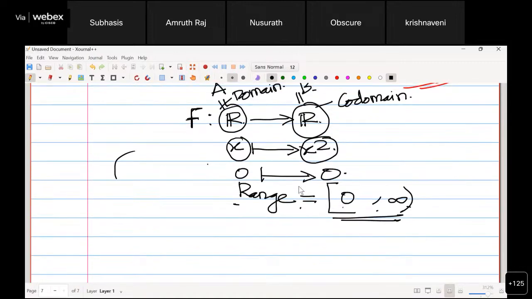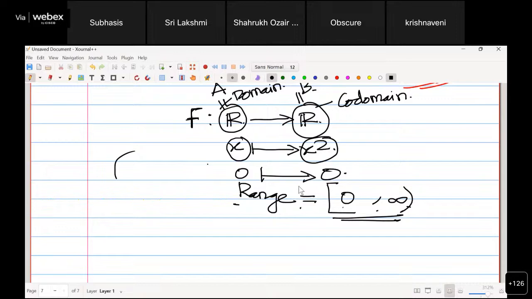Sir, why not an open interval? Just now you took the example of 1 by 2, which when squared becomes 1 by 4. Then that 1 by 4 doesn't fall in this range, right? Why does 1 by 4 not fall in this range? All the real numbers are the codomain. 1 by 4 is a positive real number, right?